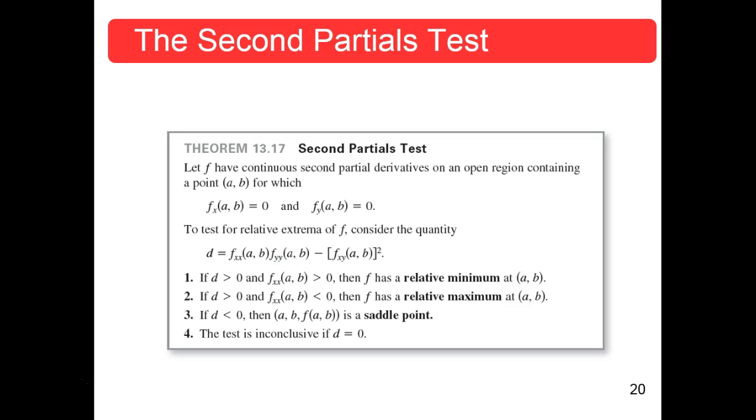If D is greater than 0, that means the product of the two second partials, with respect to x and with respect to y, is greater than the square of the cross partial, f sub xy at (a, b), then D is positive.